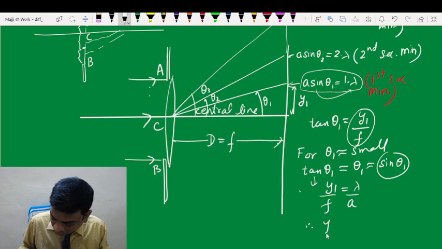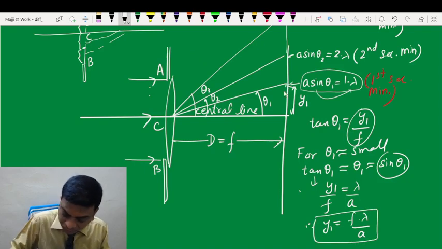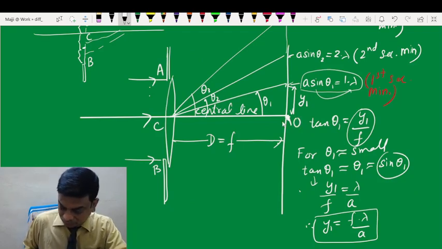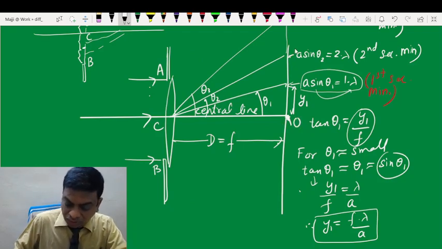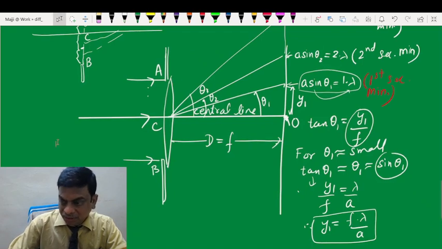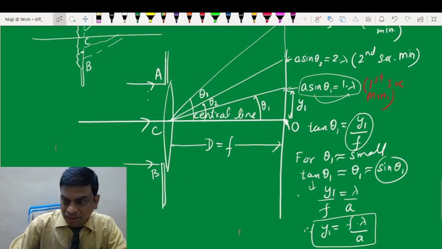So this way you get the linear distance corresponding to the first minima from the central maxima or primary maxima. Similarly, you can calculate the position corresponding to the second secondary minima, and so on. I hope that makes sense, students. I hope that is clear.